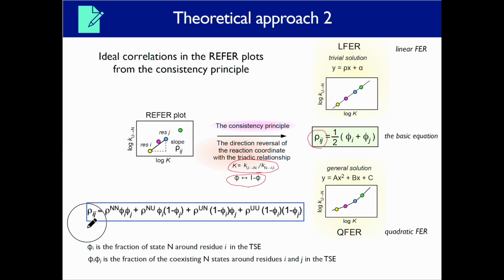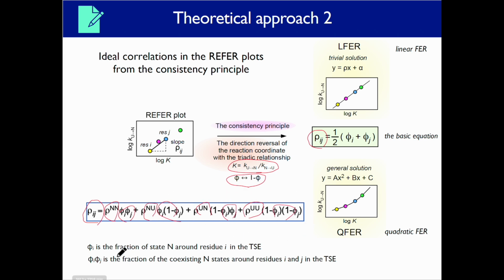And to derive the rho ij value, we assume this equation. There are four parameters here. These are constant values and are weighted by these phi terms.